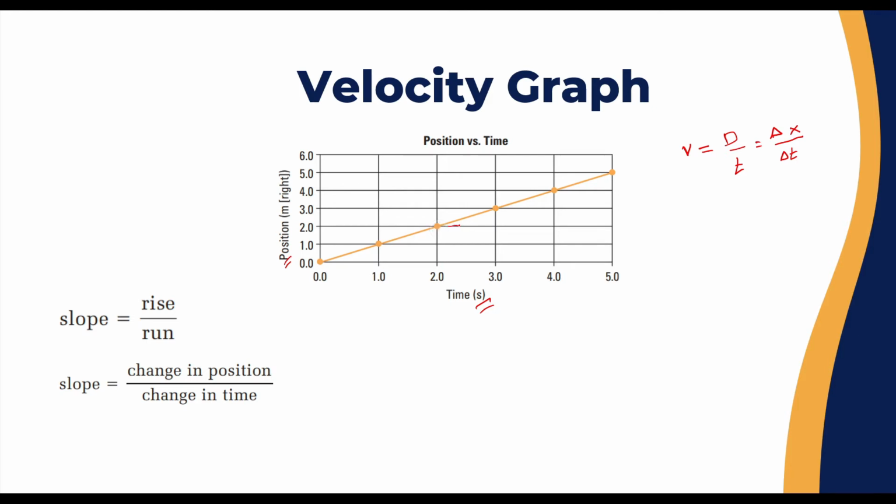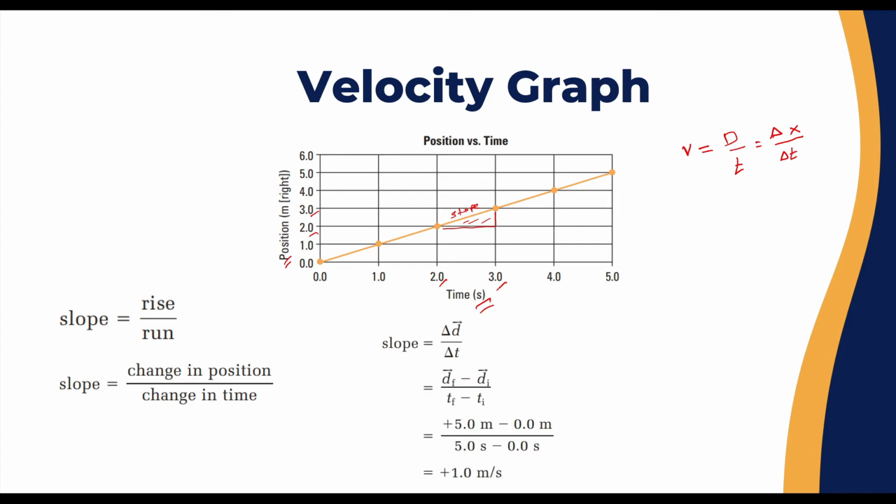So if we go here, that's the base of the triangle. So here you are talking about the slope at this point. The slope would be the change in position, position 2 and position 3, over the change in time at 2 seconds and 3 seconds and so on.